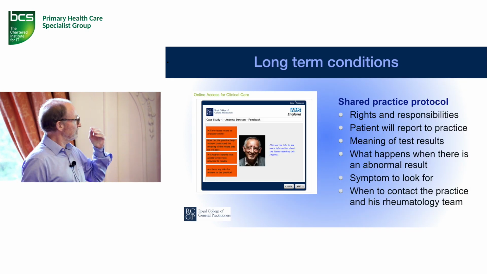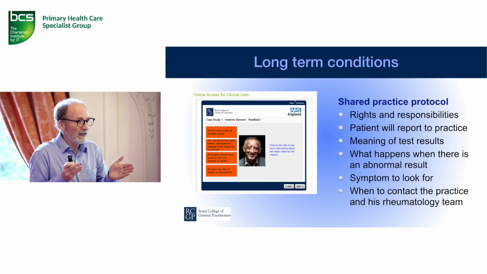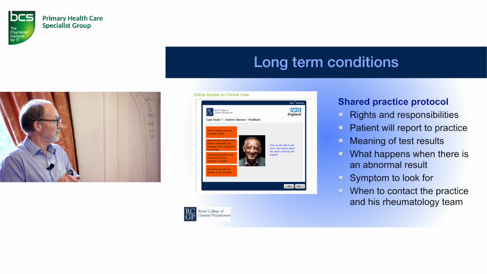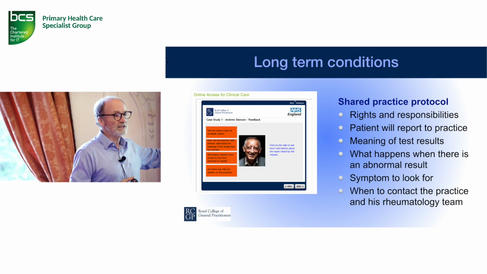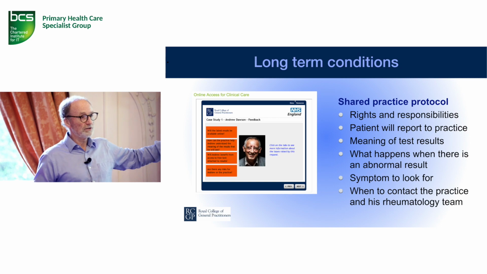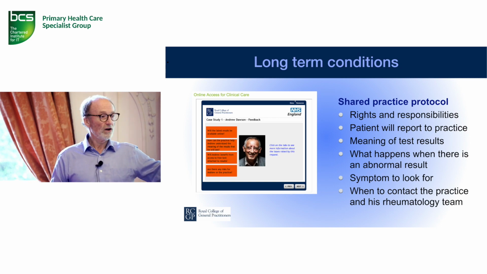I'm going to talk about some specific clinical use now, and I'll crack through this because we're running out of time. The slides here don't need to be read. They're all in one of the e-learning modules, the one about clinical uses of record access on the toolkit.